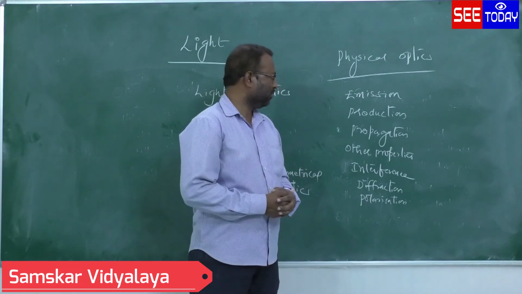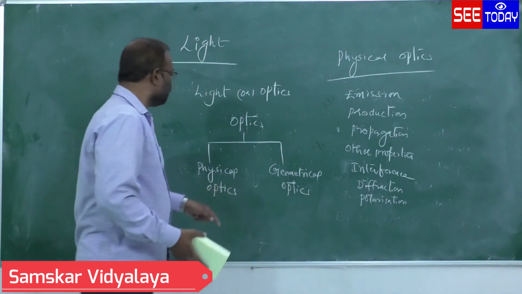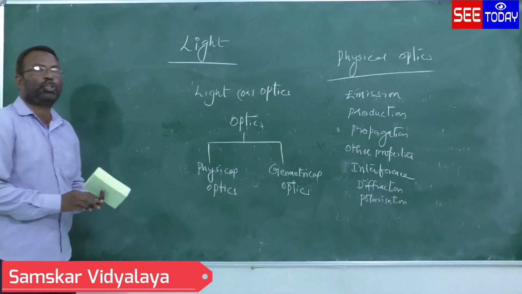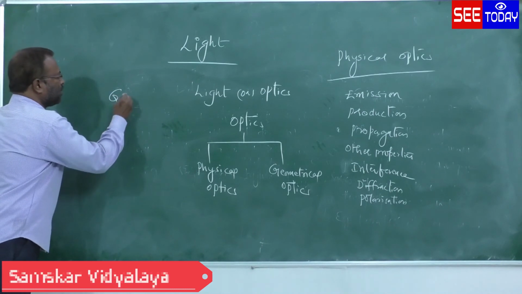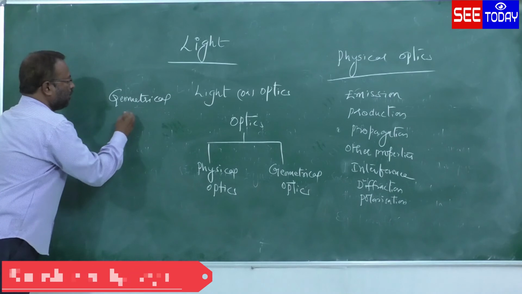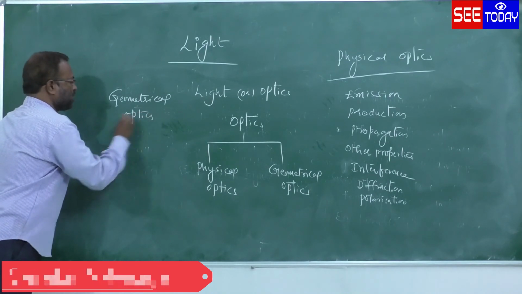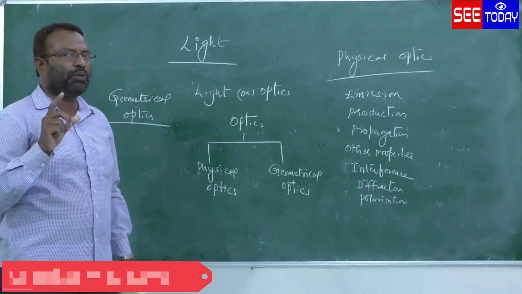Then you may get a doubt, sir, if this is physical optics, what do we call geometrical optics? What is geometrical optics? In the first class, for this also I gave some hint to you.